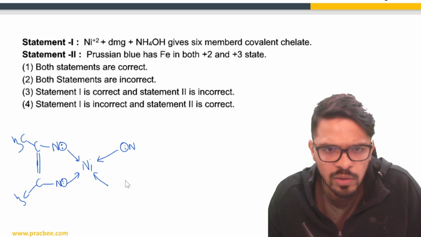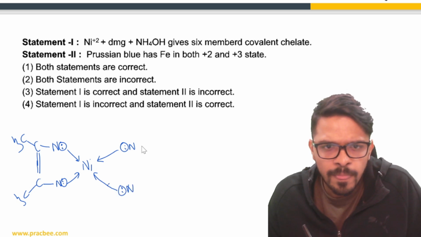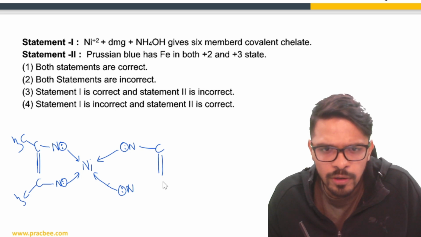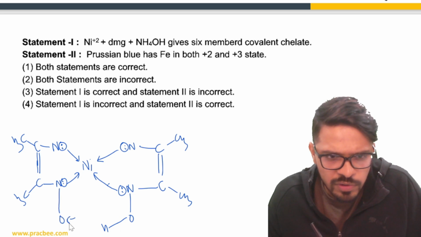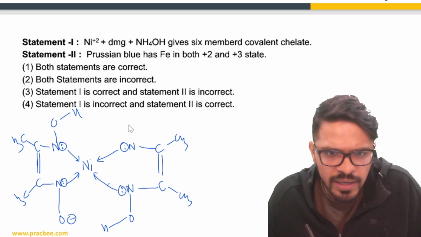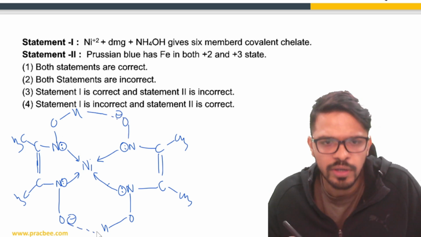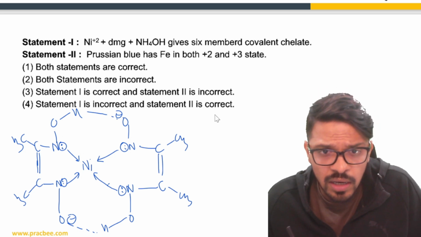Similarly, nitrogen has a lone pair here and nitrogen has a lone pair here. Carbon double bond carbon, CH3 and CH3. Also we have N-OH and on one of these we have O minus. It is basically DMG minus. So this is the hydrogen bonding. This is Ni(DMG)2, which is a rosy red precipitate.